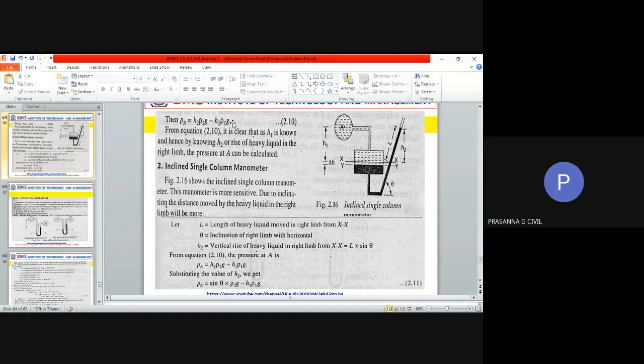So we have arrived at the pressure at a fluid point in a pipe when you are having a single vertical column manometer attached to it. Now, suppose instead of a vertical column, the right limb is inclined at an angle theta.